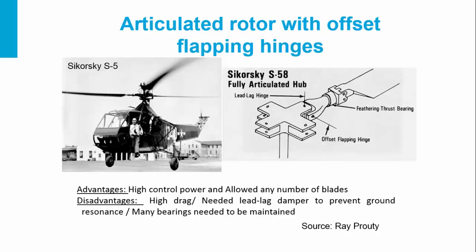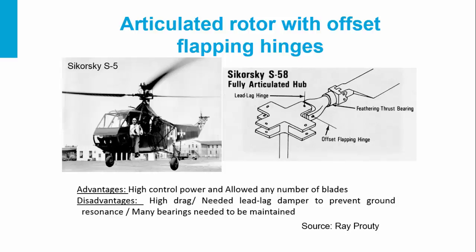Examples of articulated rotors with offset flapping hinges. The articulated rotor system appeared in fact on autogyros in 1920. As I said to you, Cierva invented the flapping hinge, and it is the oldest and most widely used type of rotor system.